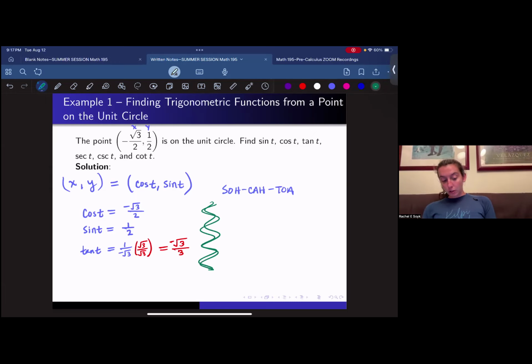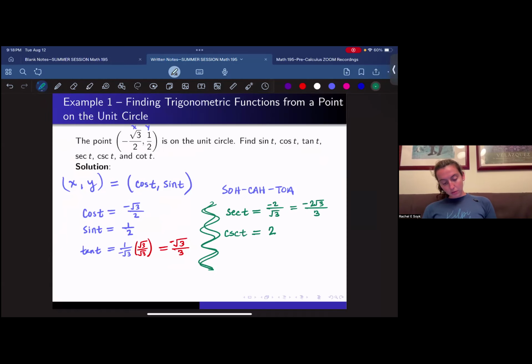Reciprocal of cosine of t is secant of t. Flip it and we get negative 2 over square root of 3. Rationalize the denominator and we get negative 2 square root of 3 over 3. Reciprocal of sine t is our cosecant t. Flip 1/2 and we get 2.